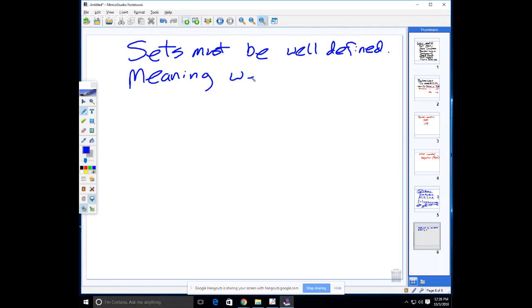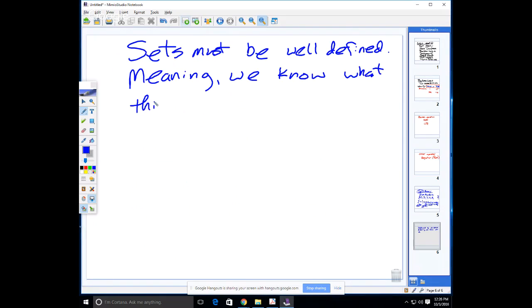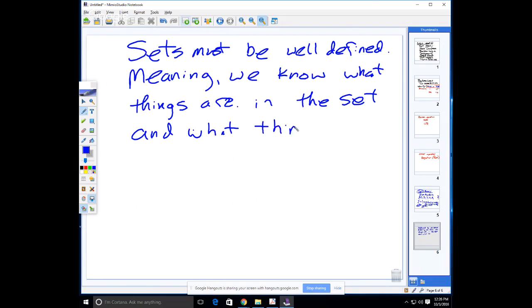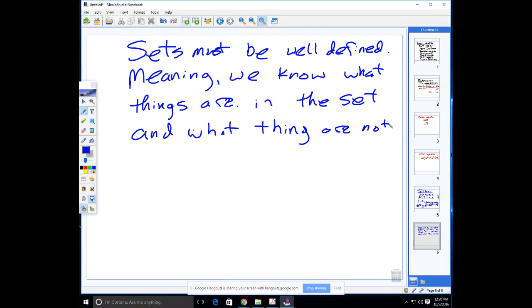Meaning, we know what things are in the set and what things are not. Okay, so that's well defined. You know what's in the set, you know what's not in the set.